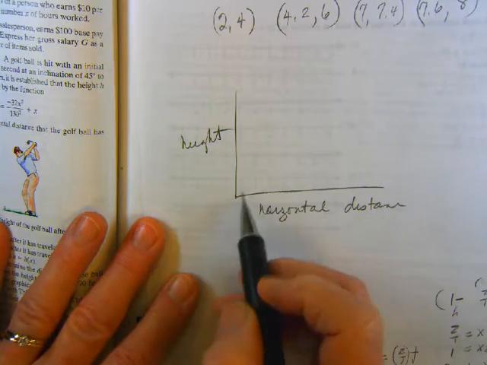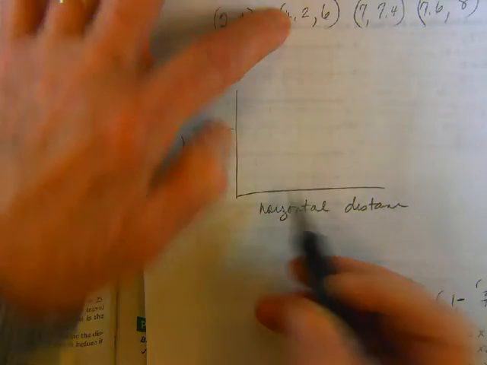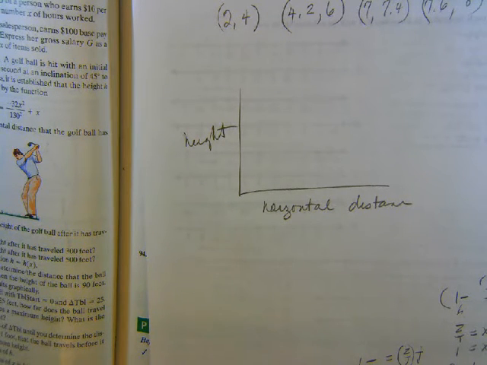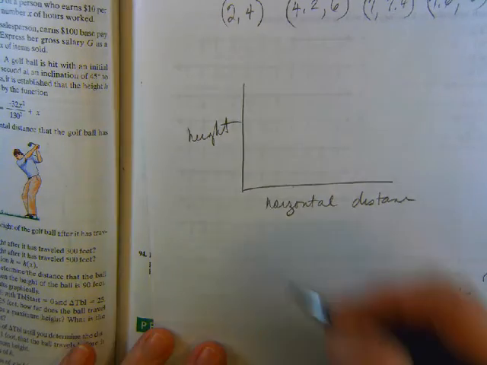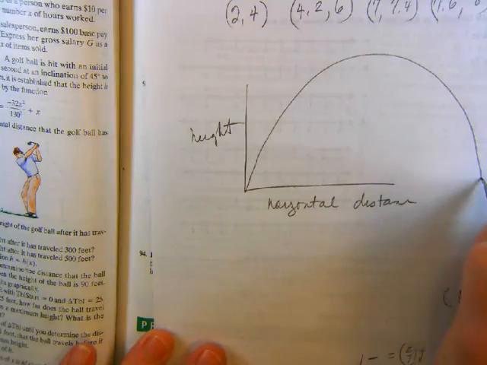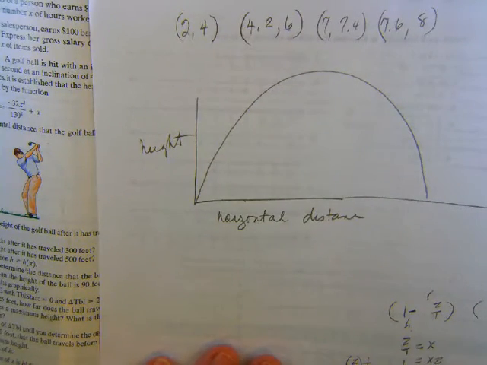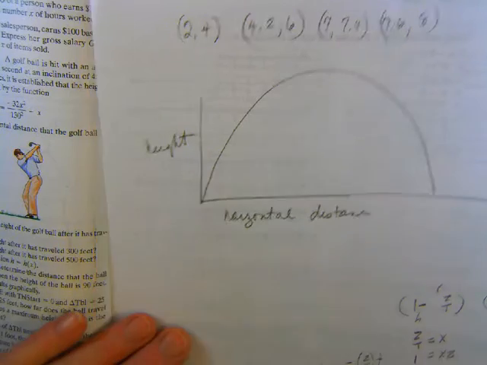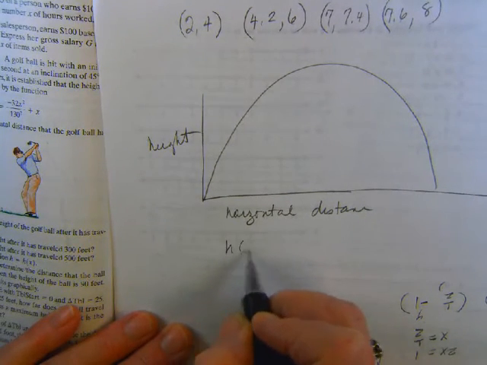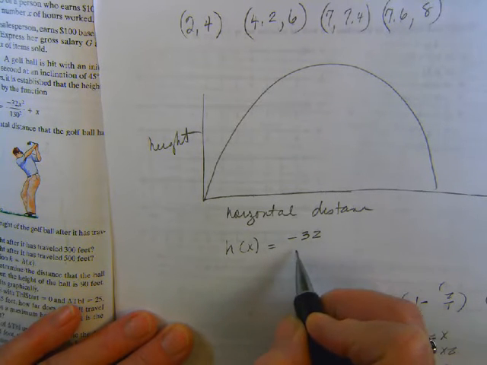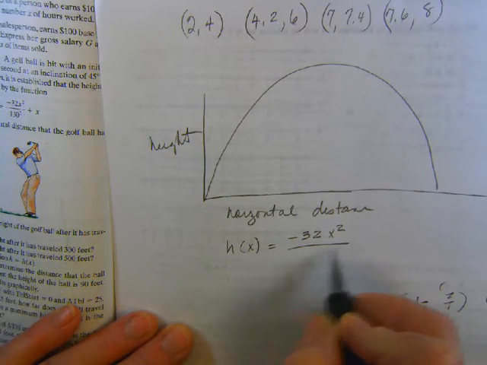Now guys, what is going to be the path of that golf ball? What will it look like? It's going to be a parabola. What goes up is going to come down in the form of a golf ball. So this is going to be the parabola. When we look at our function, h of x is equal to negative 32 x squared over 130 squared plus x. This is our function.